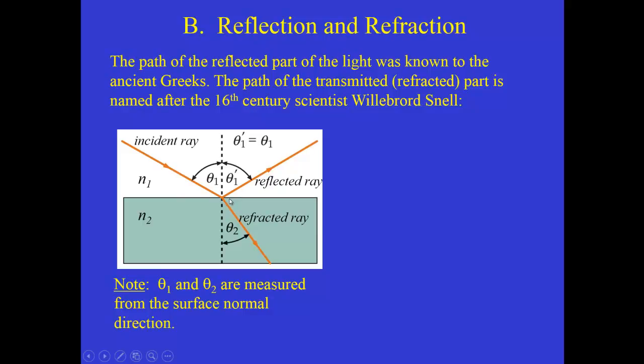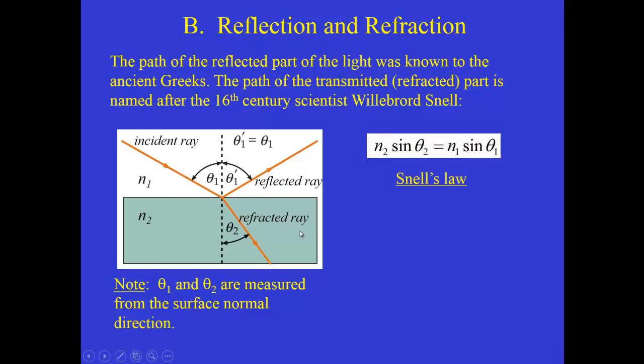And they knew too that the light that traveled from one medium into a different medium was bent. But it wasn't discovered till later exactly what that quantitative relationship was. And although it was discovered by others earlier, the law that we write down to describe the relationship between the incident and the refracted or the bent ray is known as Snell's law.